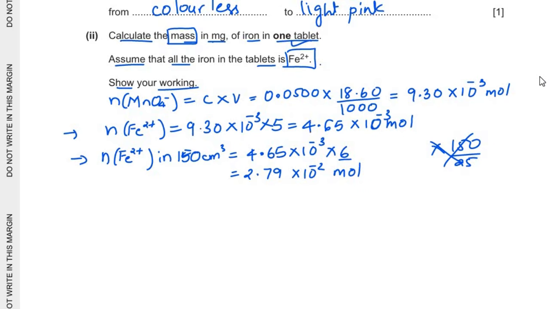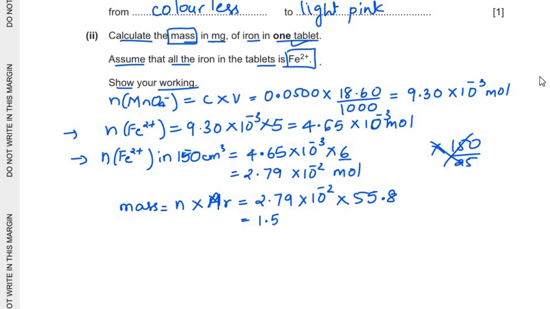Now from this we can calculate the mass. Mass is equal to moles times the Mr, that is the atomic mass of iron. We have already got the total moles, that is 2.79 × 10^-2. You can check the periodic table to find the atomic mass of Fe, that is 55.8. On multiplying this, we get 1.557 grams.